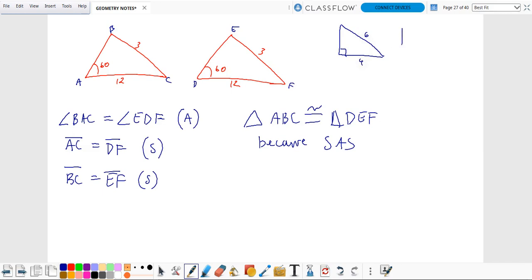What test do you think we'll use for this one? RHS. Good, RHS, because there's a right angle. But then you've got to go through the process of doing all this to prove that. Now I'm going to move on to the next part.